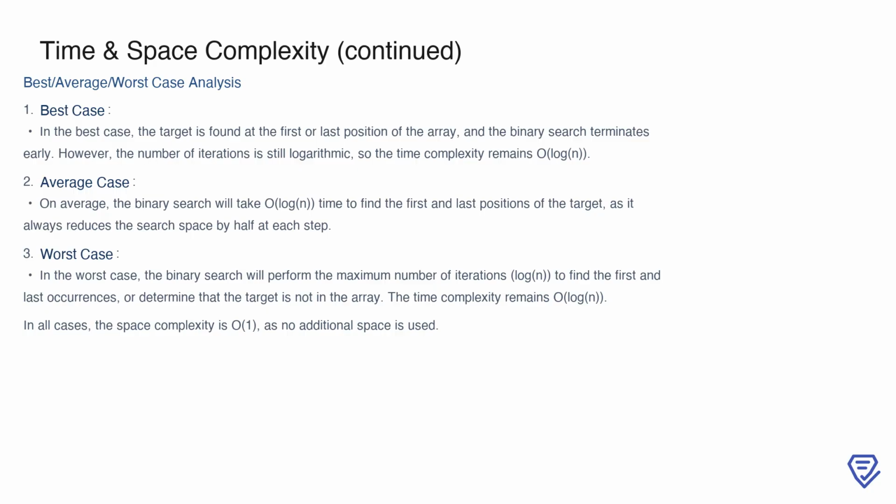On average, the binary search will also take O(log n) time as it consistently reduces the search space by half until the target is found. In the worst case, the algorithm performs the maximum number of iterations, which is proportional to log n, either to locate the target's boundaries or to determine that the target is not present in the array. Across all cases, the space complexity remains O(1), as it does not depend on the size of the input.